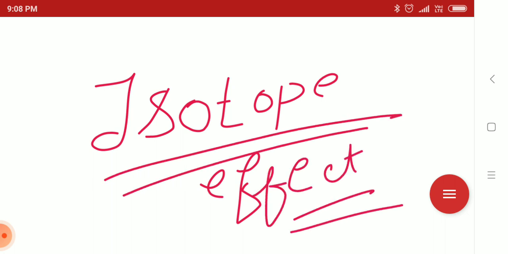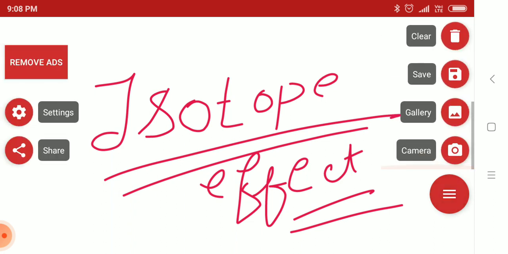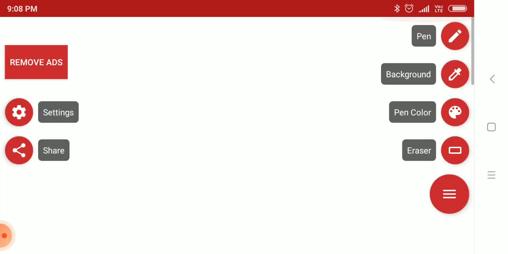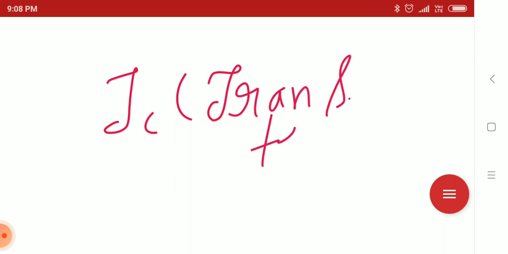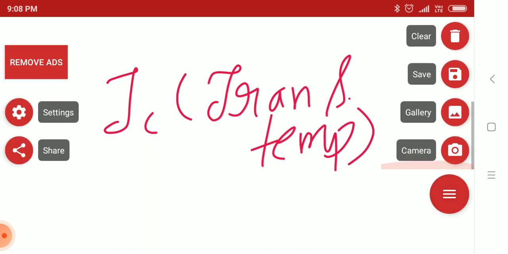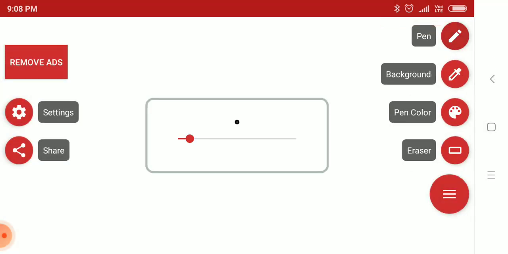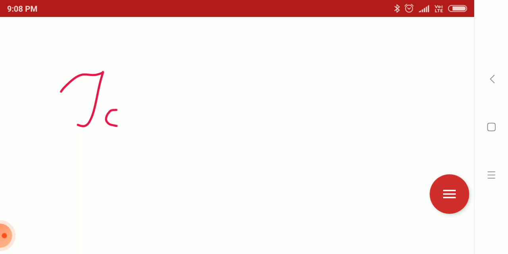In our previous video, we have studied that superconductivity depends upon the transition temperature Tc. Transition temperature Tc varies depending on the material.